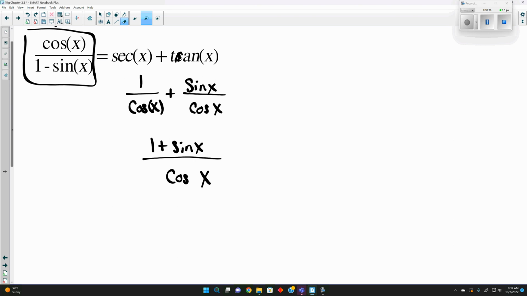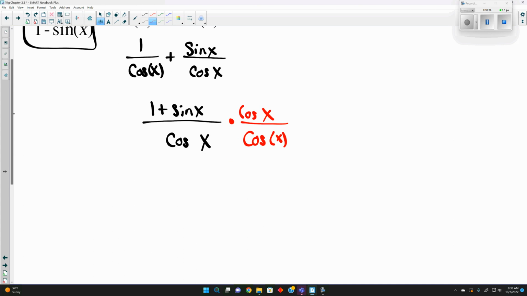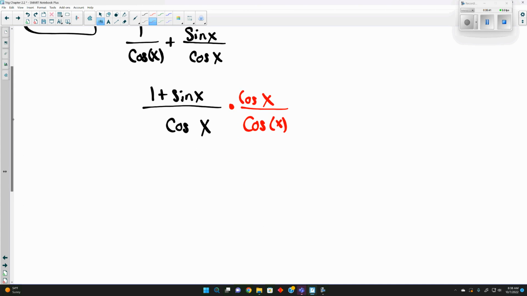So we get to this point here, yes? Because what I was wanting to do would have been nice if we had cosine squared on bottom, yes? So what we're going to do now is actually get that by multiplying top and bottom by cosine of x.